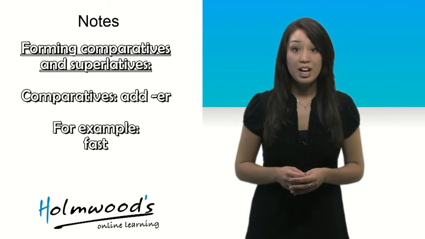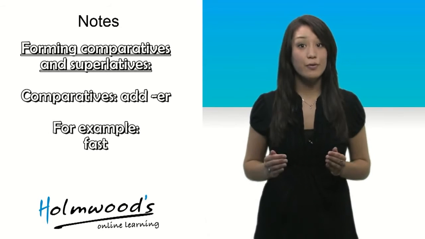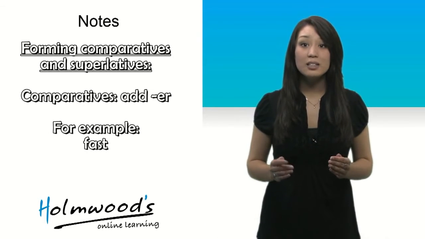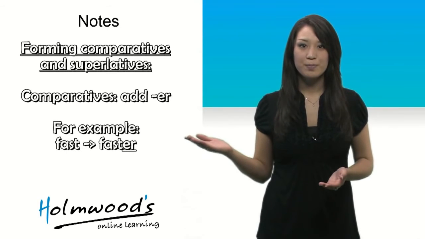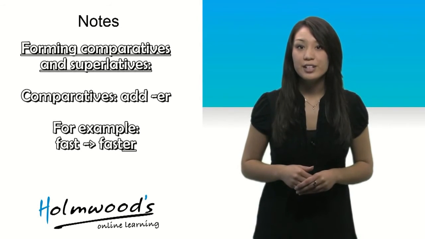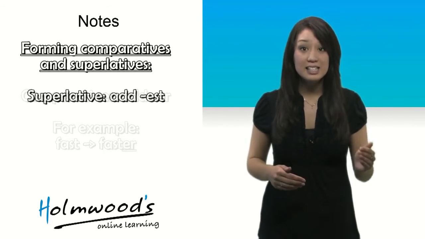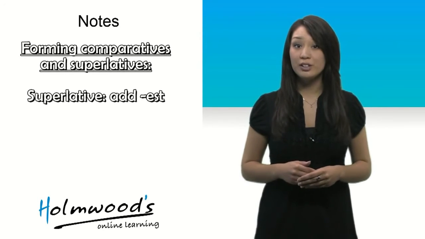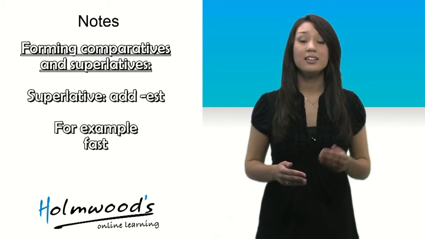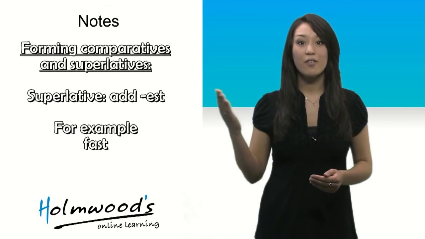To make the comparative for the adjective fast, simply add er to get faster. The superlative is formed by adding est to the adjective. To make the superlative for fast, add est to get fastest.